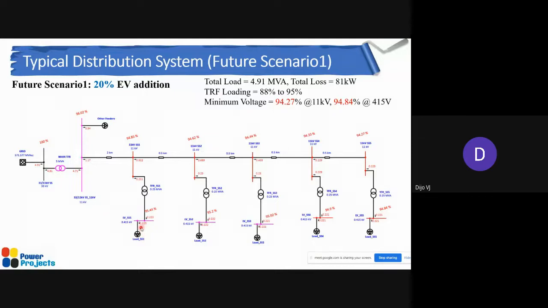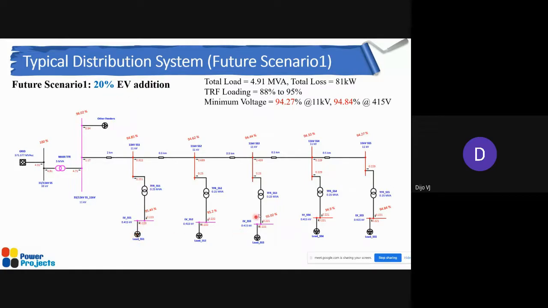It is increased to 223 kVA by adding 20 percent electric vehicles. I'm just simulating a case where 20 percent EVs are added, because of which the overall loading has increased.